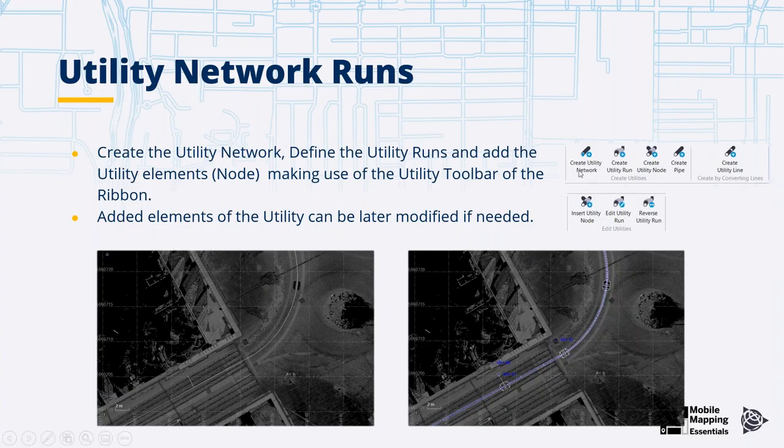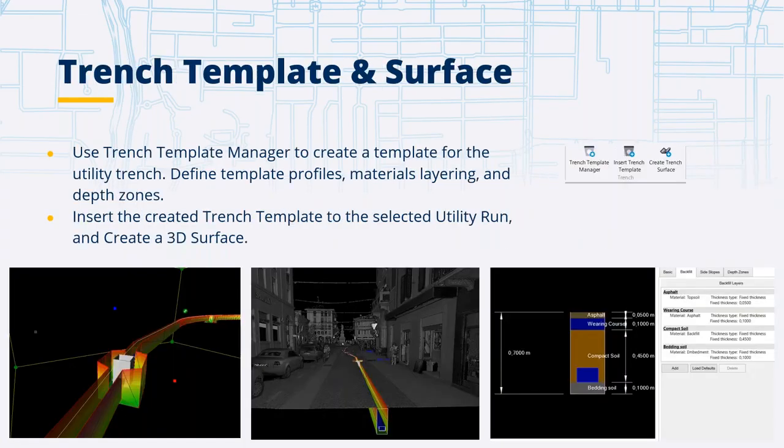You can see here that we have some creation tools to start connecting all the different elements of the network. And then we also have some editing tools, enabling the operator to change some elements which were previously installed.